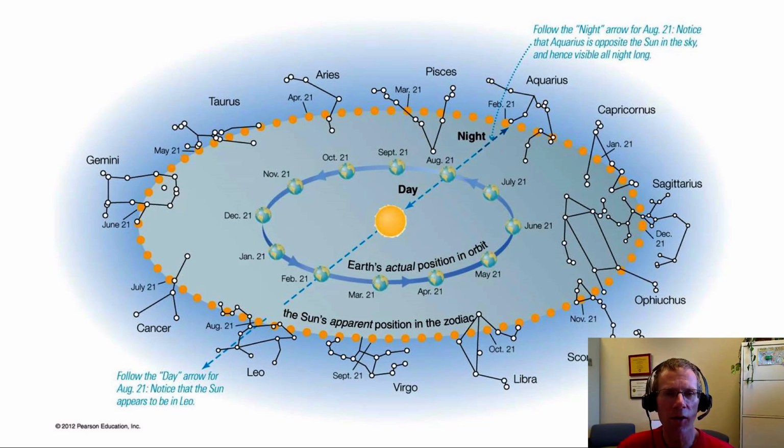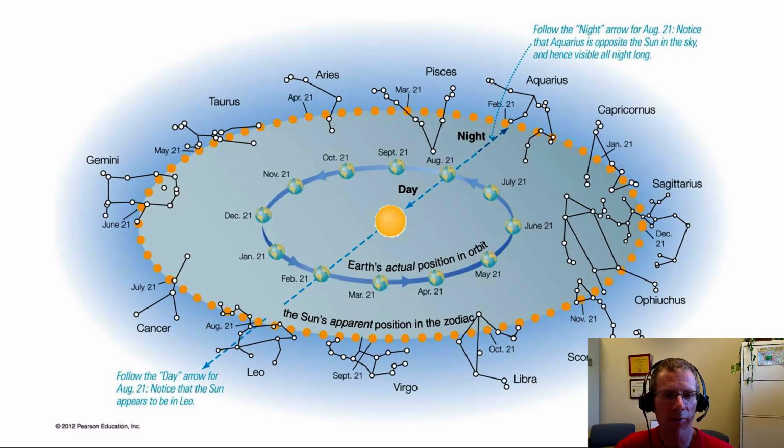So if we take the two examples in the diagram, August 21st, if you are on Earth on August 21st, you're looking at the sun, so the season is defined by the angle of the Earth's North Pole compared to the sun.